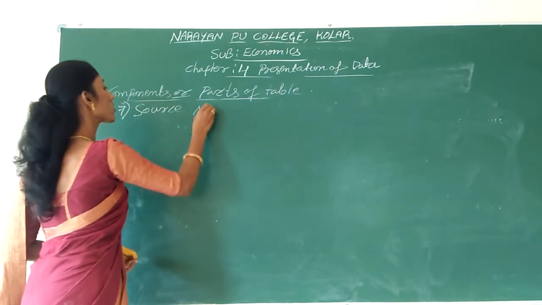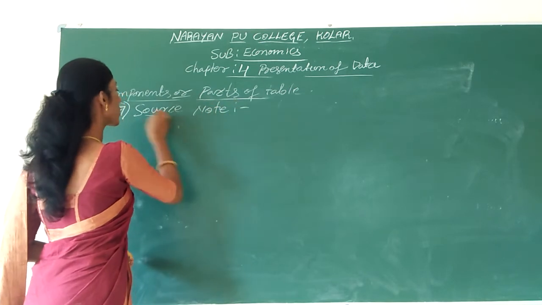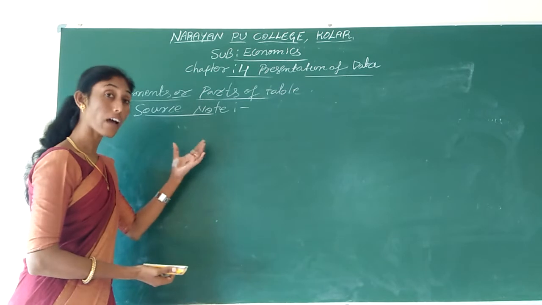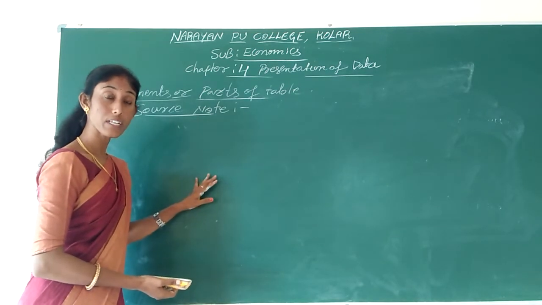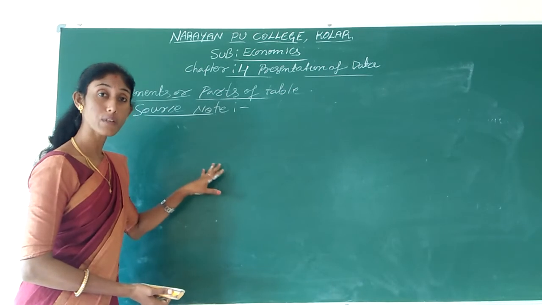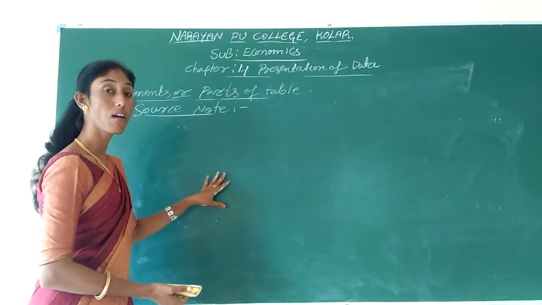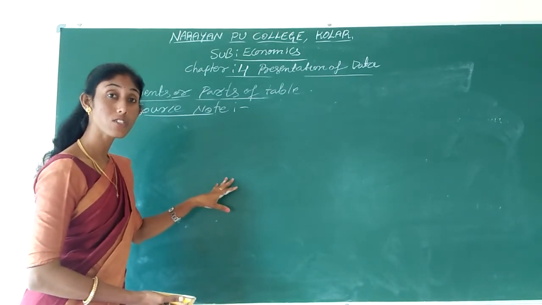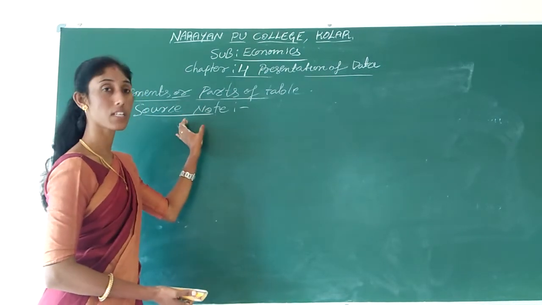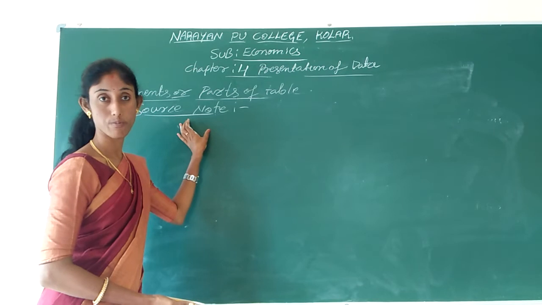Source note. Here, source note means whatever data we are presenting in a particular table, from where that information or data we have collected, that we need to mention in the source note. Got it?